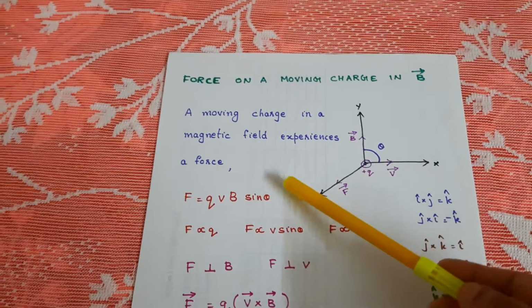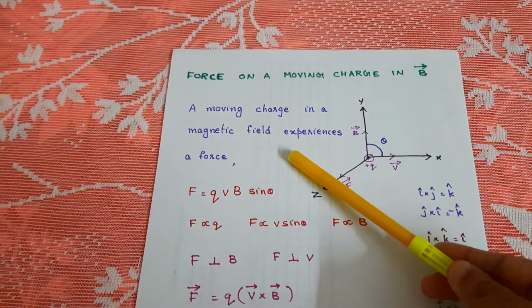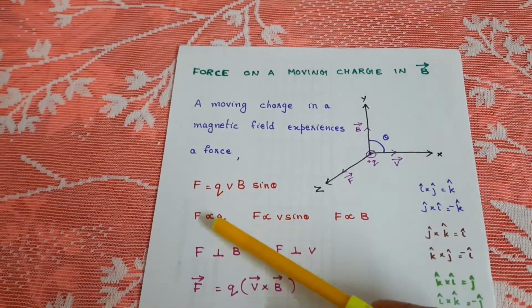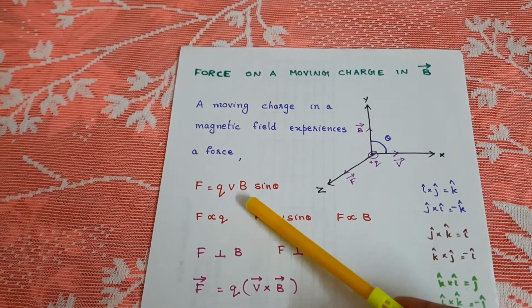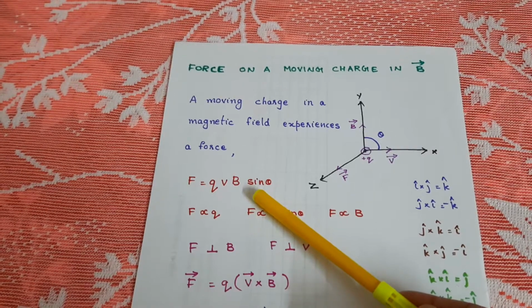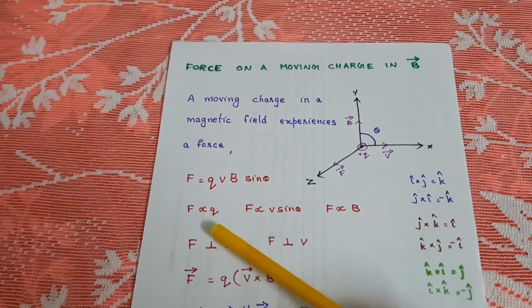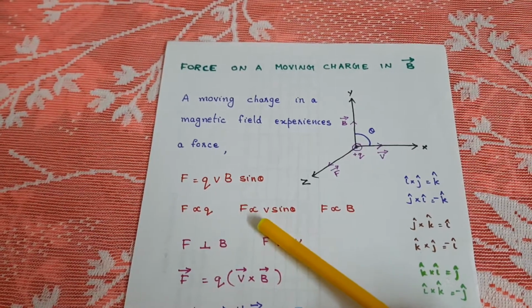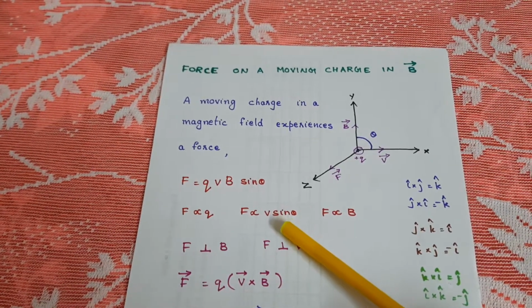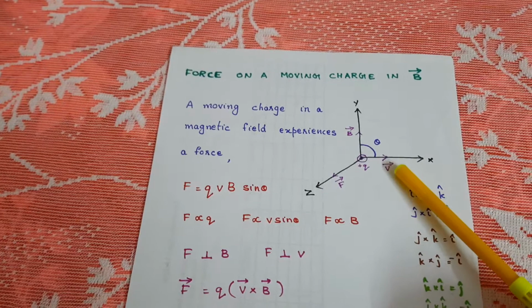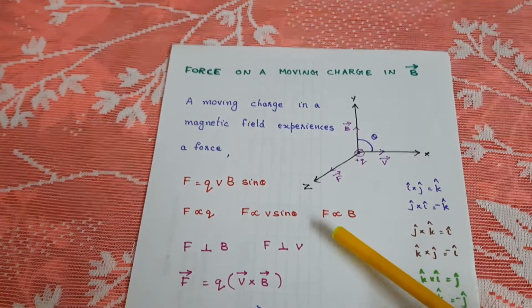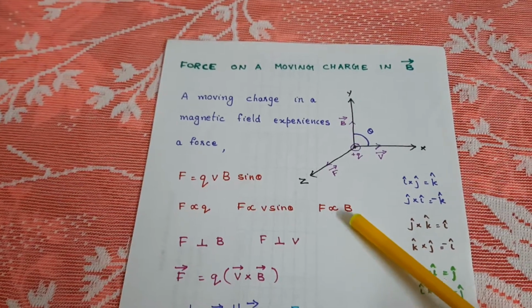So we can say a moving charge in a magnetic field experiences a force, and the force is given by qvB sin theta. That is, the force is directly proportional to the charge, directly proportional to v sin theta, the component of velocity normal to the field direction, and directly proportional to the magnetic field.